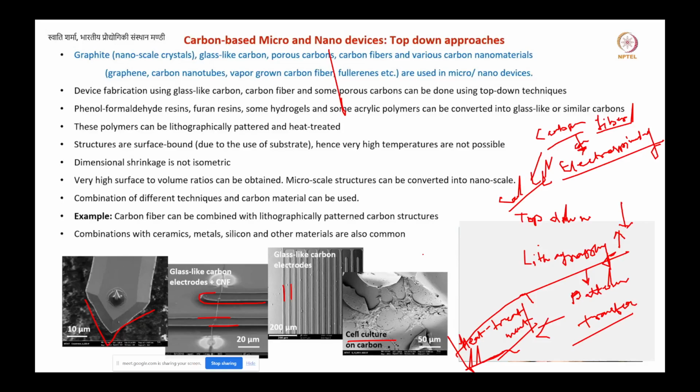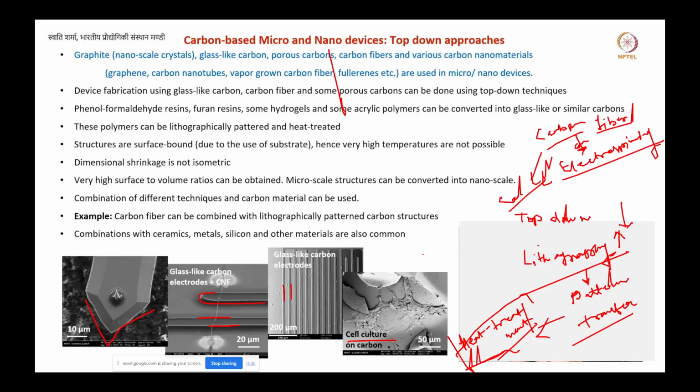So overall, in this top-down process, you can use this for a variety of applications. You can use many kinds of carbon, such as carbon fiber, carbon black, glass-like carbon, or carbon nanofiber.